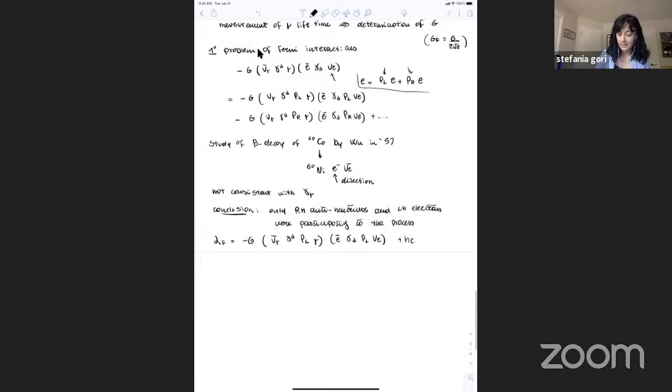So this is something that is much more consistent with data. And as you see, we have only a left-handed muon or neutrino here participating, and correspondingly, this guy here is right-handed, okay, for the antineutrino.